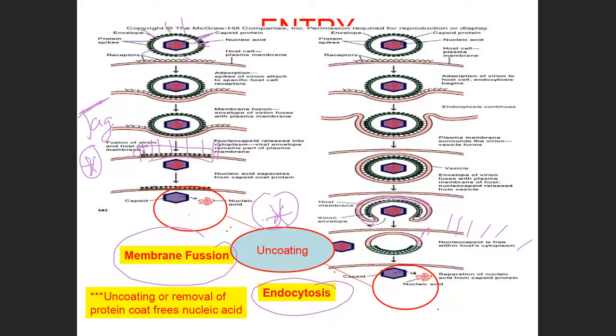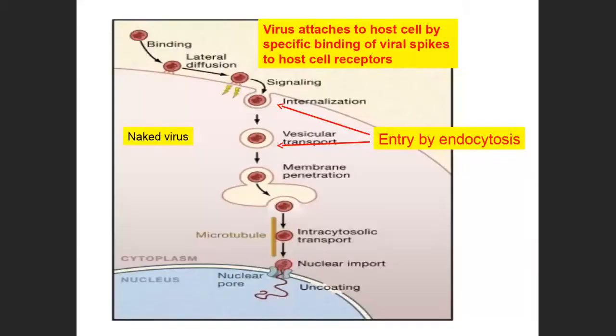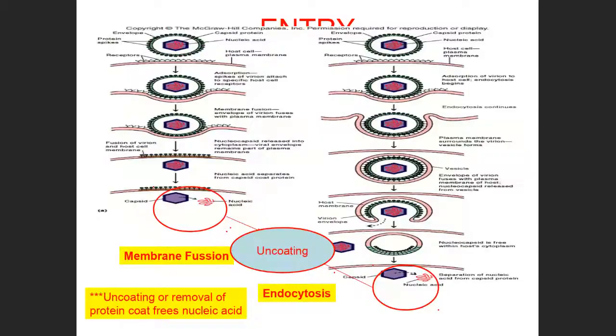So the protein coat is removed, freeing up the nucleic acid. Same thing here, and the same thing was happening right here: the protein coat was left behind, and only the nucleic acid was entering the nucleus. So uncoating is unique to animal viruses.